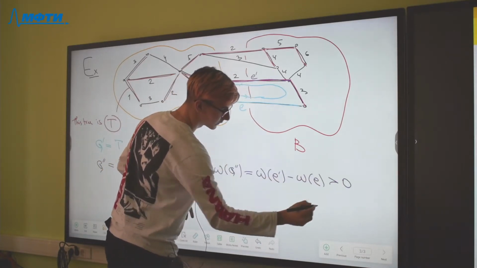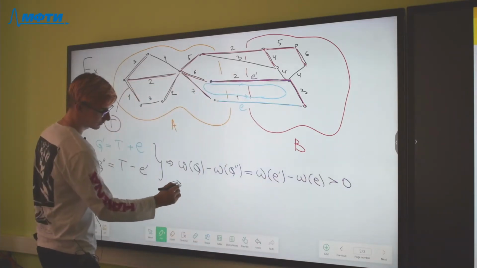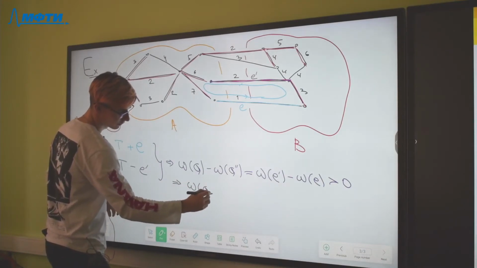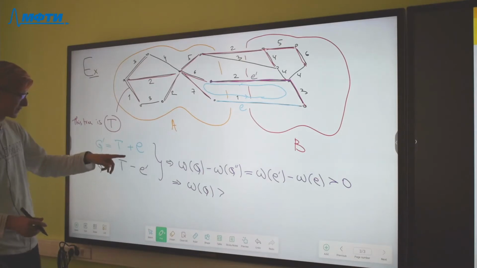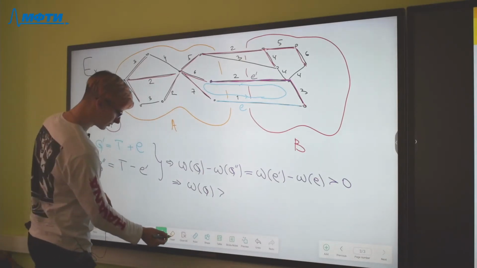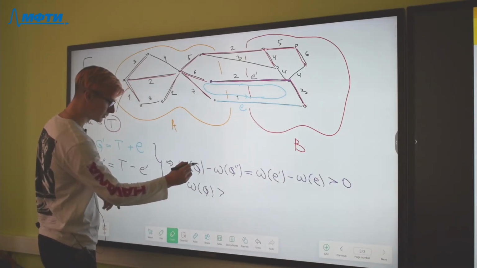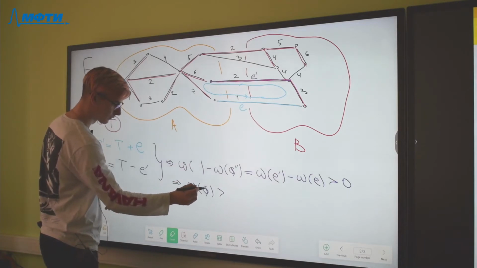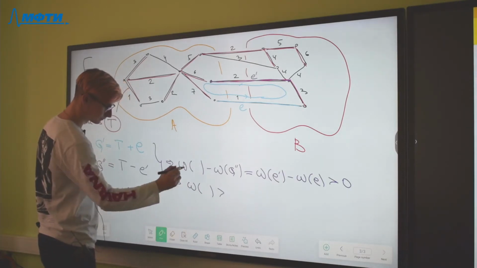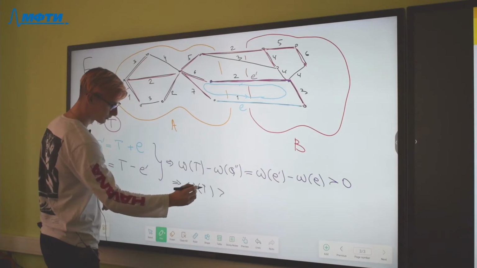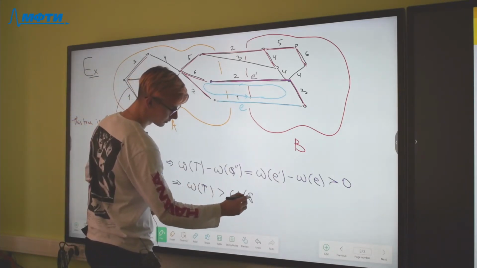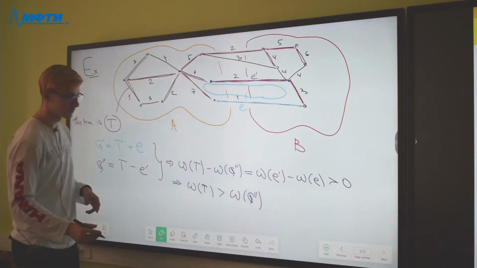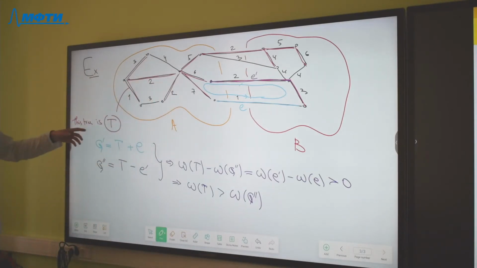It is bigger than 0, so the weight of T is bigger than the weight of T'. So T isn't a minimal spanning tree.